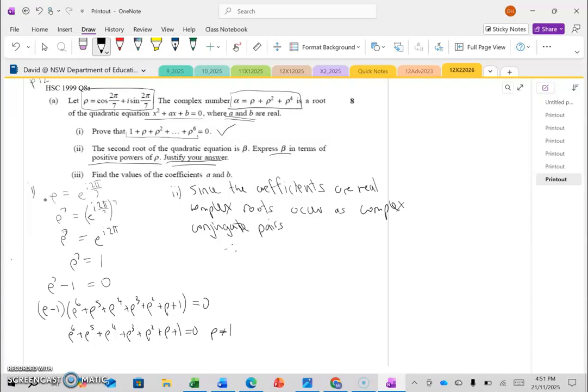So therefore beta is equal to alpha bar. So it's going to be rho plus rho squared plus rho to the power of 4, bar, which we can split up. So that's rho bar plus rho squared bar plus rho to the 4 bar.